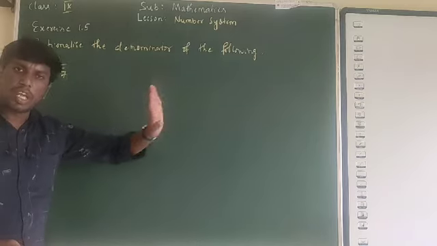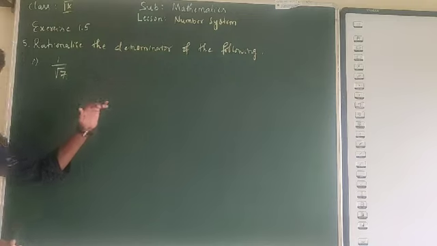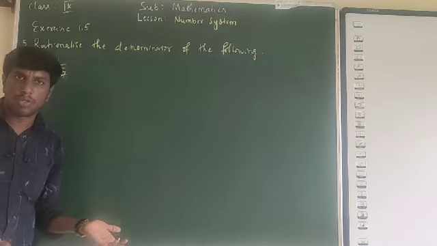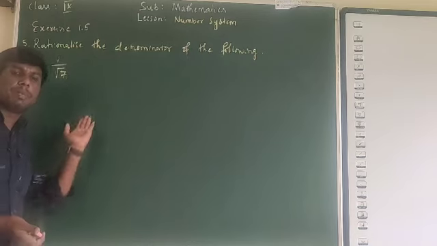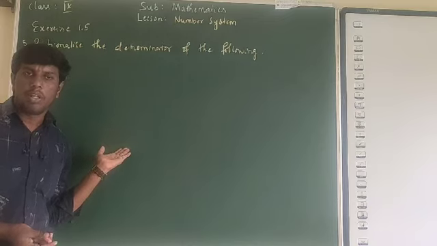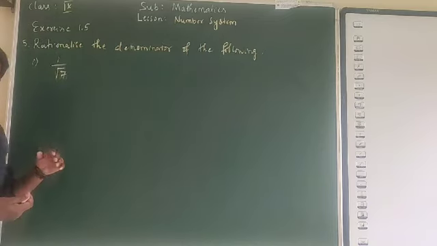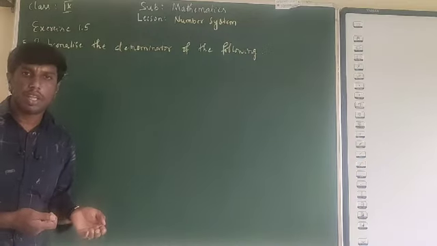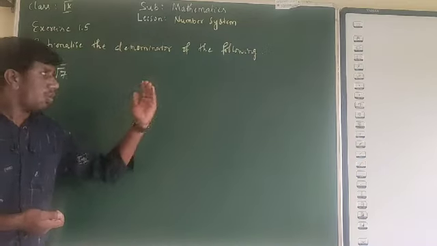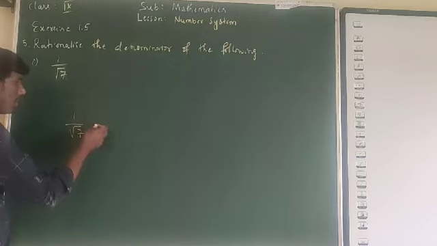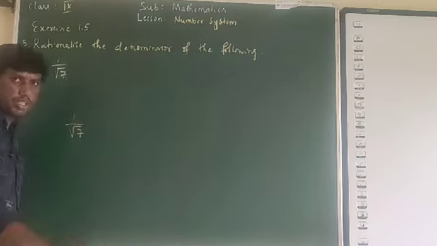But the answer is an irrational number only. We are not going to change the irrational number into a rational number; that is not possible. The overall number 1 by root 7 is irrational, and whatever operations you do on this, the answer will be irrational only.